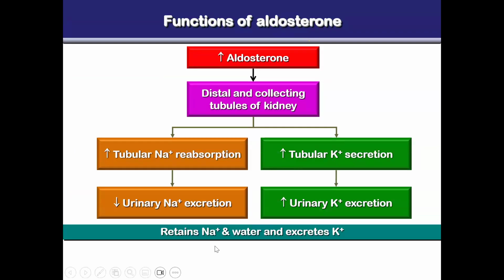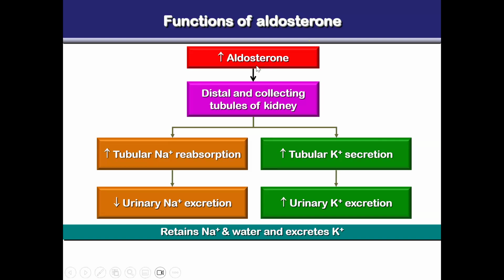When sodium is retained inside the body, when it is reabsorbed from the kidneys, the water will also get reabsorbed automatically, because water molecules love sodium ions and they will follow the movement of sodium ions. If sodium ions are being reabsorbed, water will get reabsorbed automatically.